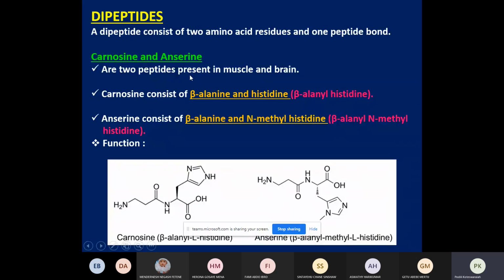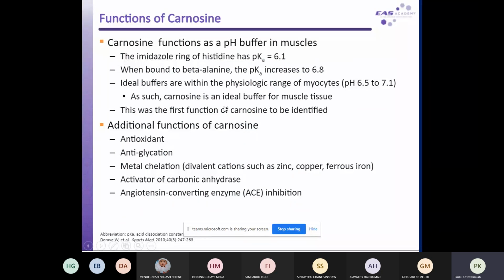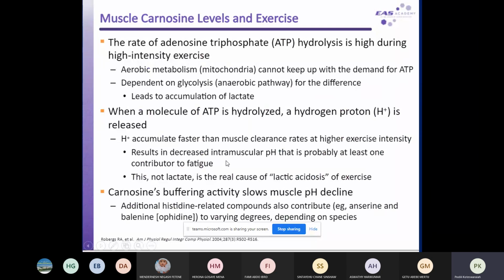You can see here carnosine has beta alanine and histidine, whereas anserine has beta alanine and N-methyl histidine. So these two are composed of two amino acids. Carnosine acts as an ideal buffer in the muscle tissue, and in addition it has many functions: antioxidant, anti-glycation, metal chelation, and so on.